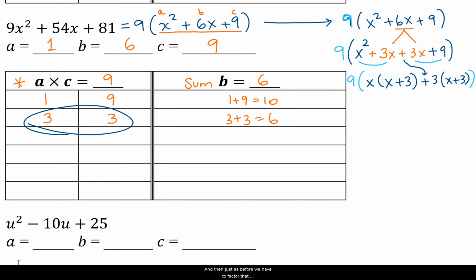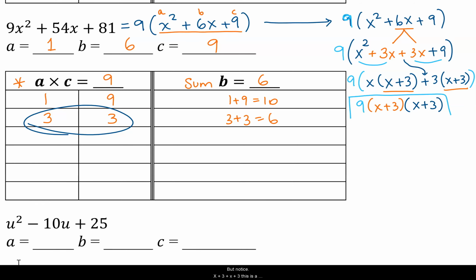And then just as before, we have to factor that parentheses out one more time. This x plus 3 is a common factor that we will pull out. And then our leftovers, x plus 3 in their own parentheses. And we don't forget the 9 out front.